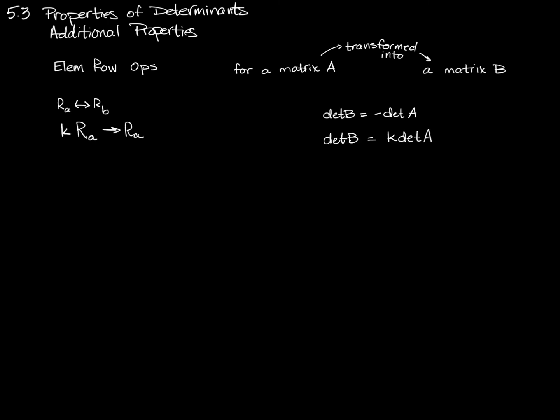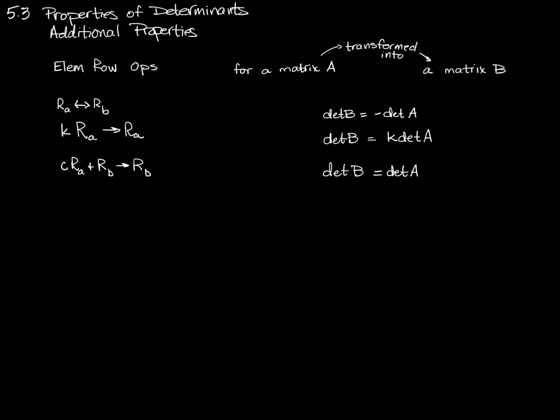And if I take a row in matrix A and multiply everything in that row by K, then replace the row with the new values, the determinant of the new matrix is going to be K times the determinant of the original matrix.